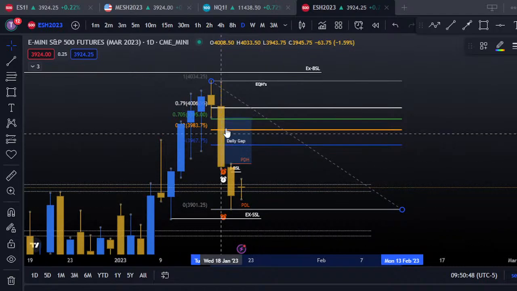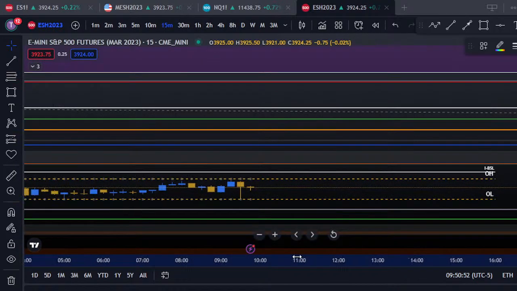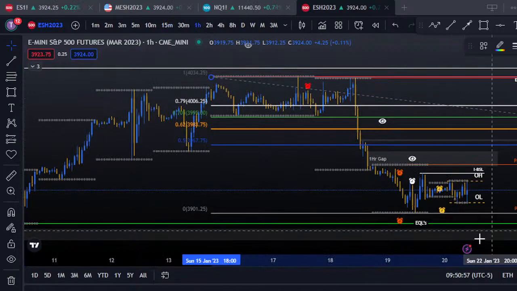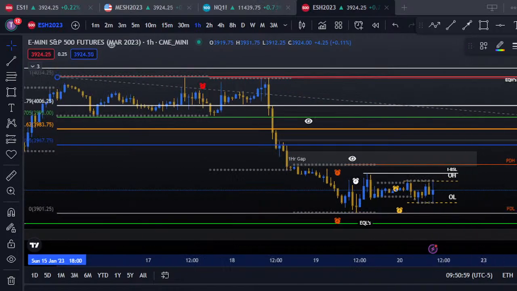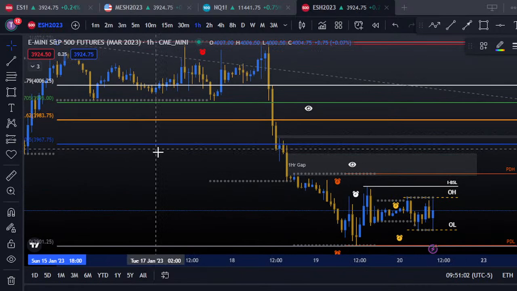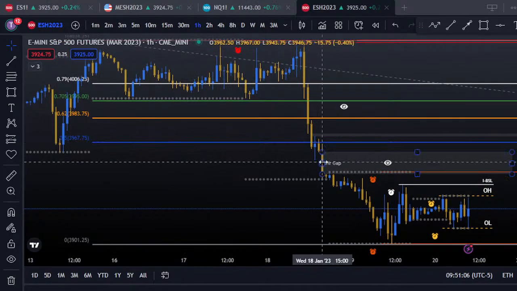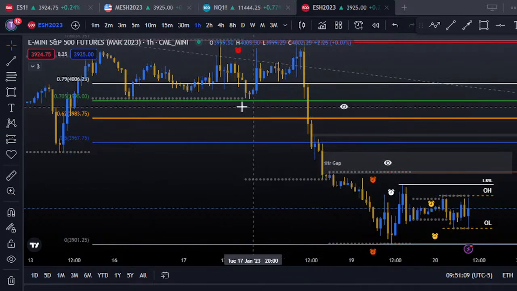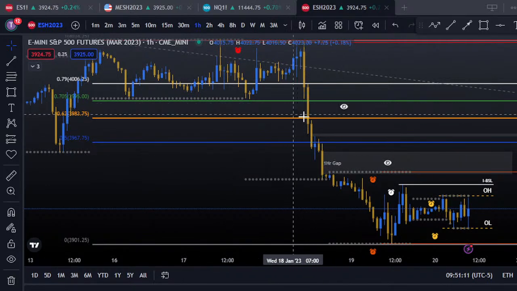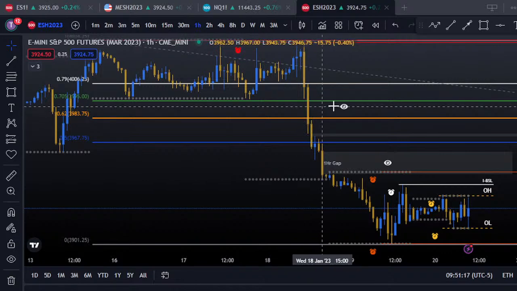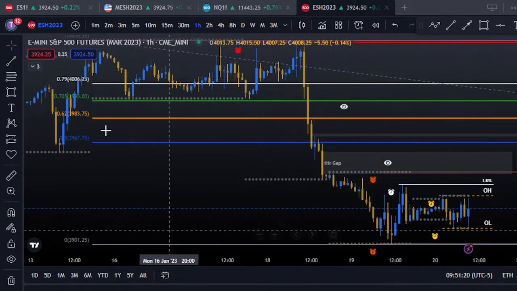So that will put us inside of this gap, which if we come down to the hour chart, since I was just showing it, what did I show? Okay, 50% is this blue line. That's that 1 hour gap I showed you. That's the beginning of the daily gap. 62% is another place a lot of people like to take Fib trades from. When you get 62%, that will put us inside of this hour gap for a possible bounce.